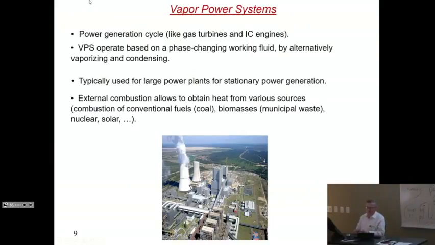Now, these are power generation cycles in general, and so are gas turbines and internal combustion engines. But these are cycles that operate based on a phase-changing working fluid by alternatively vaporizing it and condensing it.